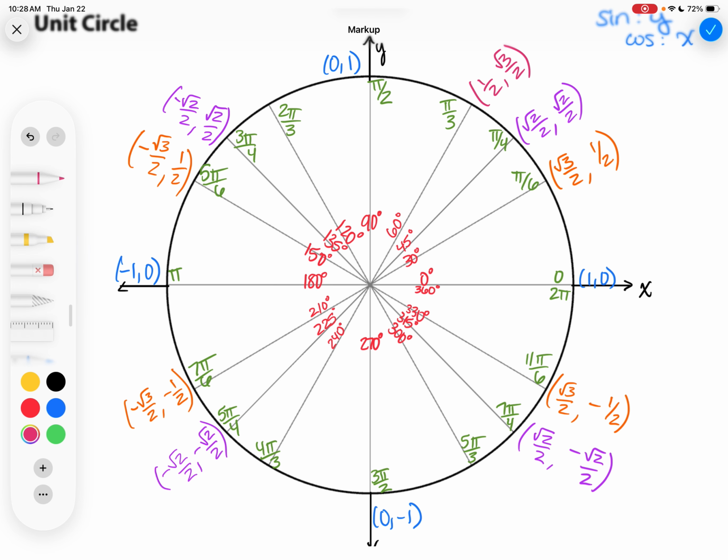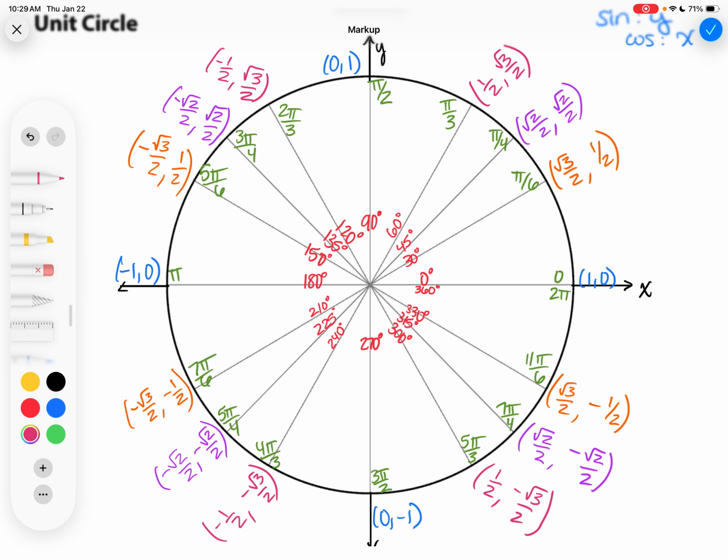So 1/2, root 3 over 2 is at pi over 3. At 2 pi over 3, it's negative 1/2 and positive root 3 over 2. At 4 pi over 3, both are negative, so we've got negative 1/2 and negative root 3 over 2. And then at 5 pi over 3, I've got positive 1/2 and negative root 3 over 2.